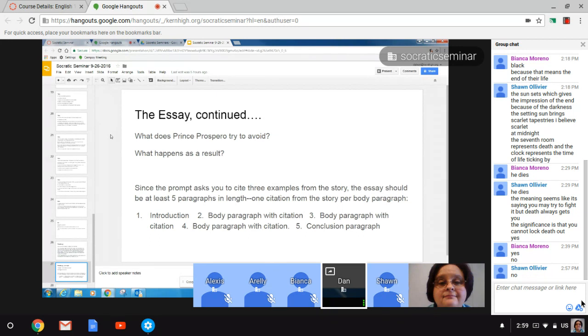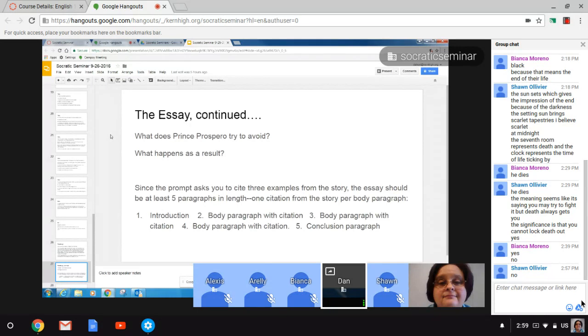And then the next paragraph is another body paragraph with another citation from the story, or a citation also from another story that you find has a parallel to this one. And then the next paragraph will be another body paragraph with a citation.